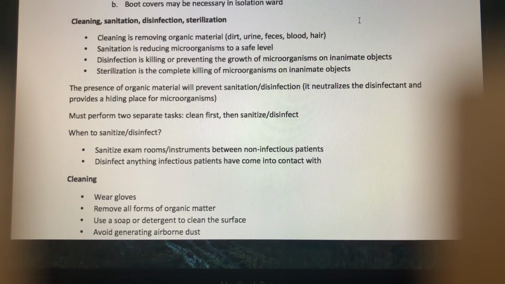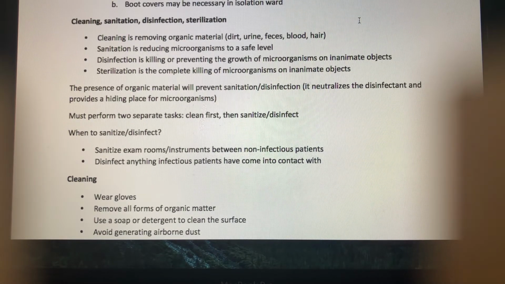So some things that we should know about cleaning and disinfection is that the presence of organic material is going to prevent sanitation and disinfection. There are 2 reasons. Number 1, organic material neutralizes most disinfectants.